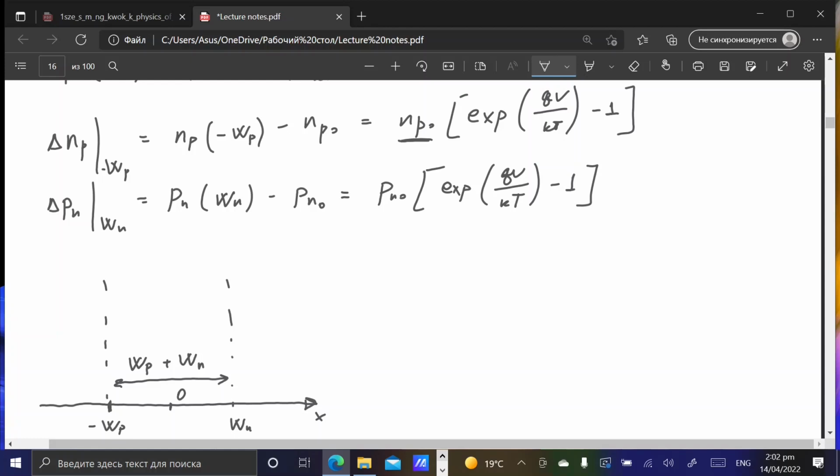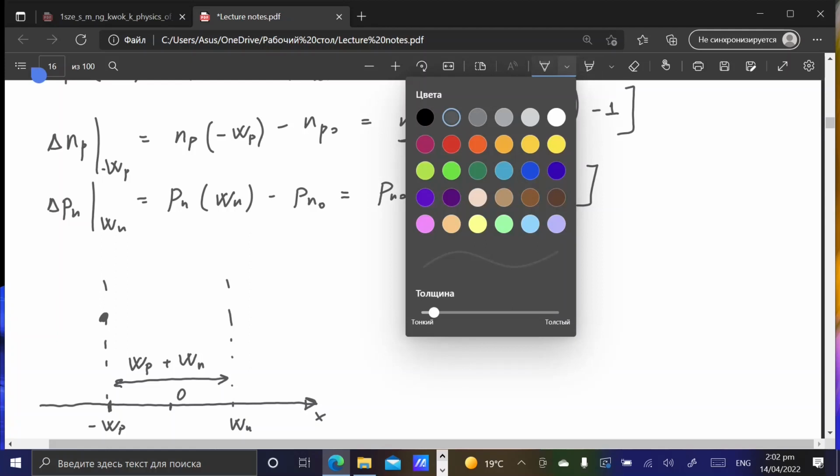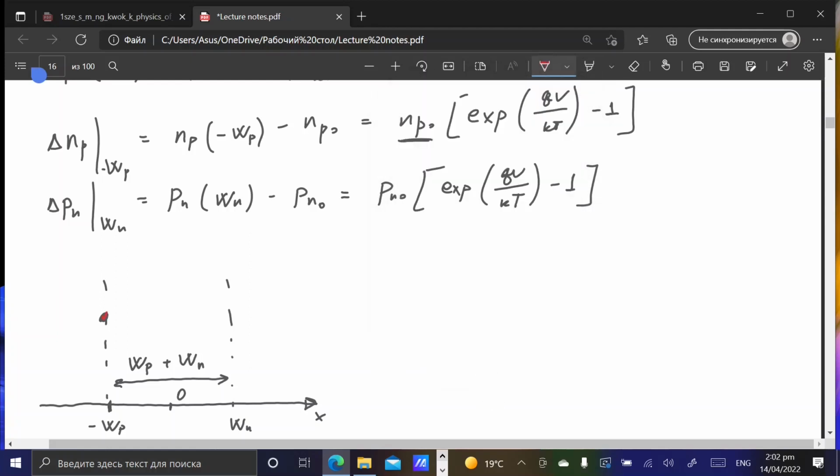And here, let me maybe change color, make it more visible. Here we have our minority electrons, and here we have minority holes.